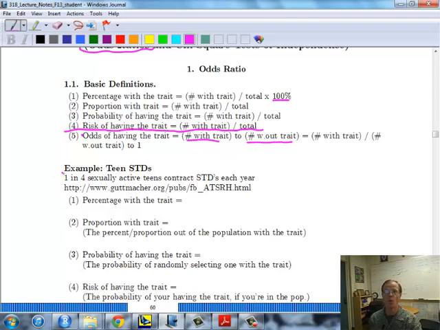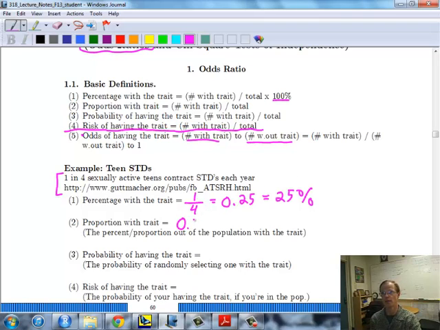1 in 4 sexually active teens contract STDs each year, and that's not standard deviations. So percent with trait is going to be 1 divided by 4, and then of course we can write that as 0.25, and we put this little symbol on the back and call it percent, so 25%.